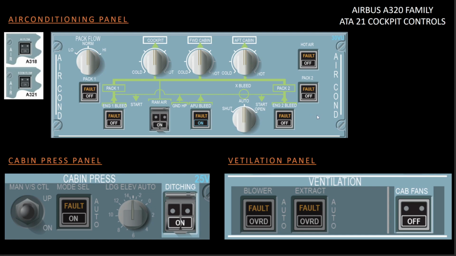The pneumatic backup mode solenoid, or the mode solenoid, will have nothing to do with this switch. And you can see that there's a fault indication here. So the fault indication can come on based on certain failure conditions or warning conditions.